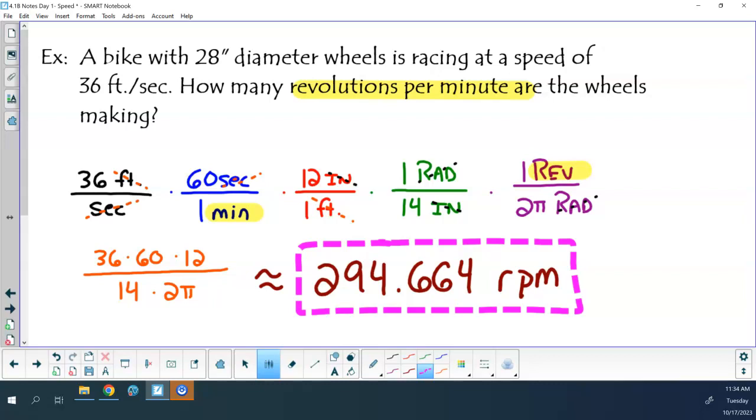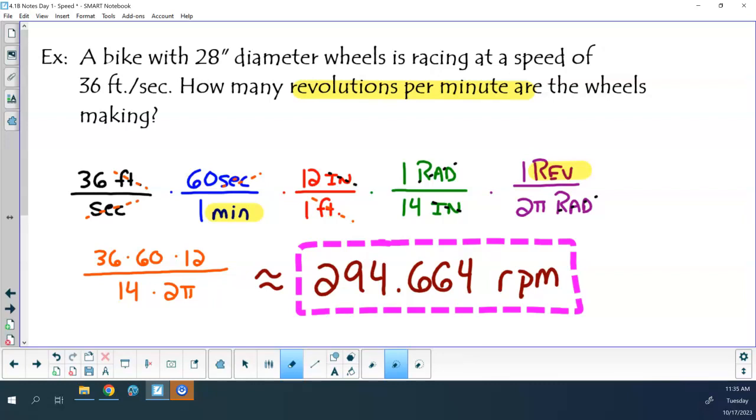Figure out what you did wrong? Parentheses around these. So you can go divide 14, divide 2. Oh, that's where it went. You've got to divide the 2 pi. You've got to do divide 2, divide pi. Yep, I got it. Now you got it? Yep. I knew it was an easy one.